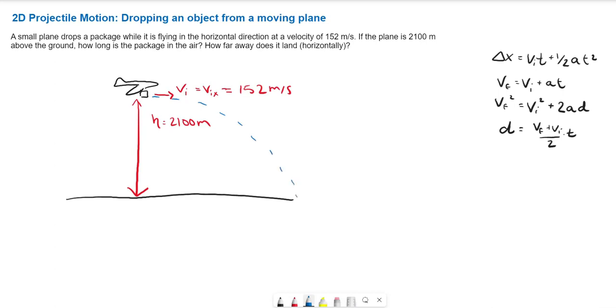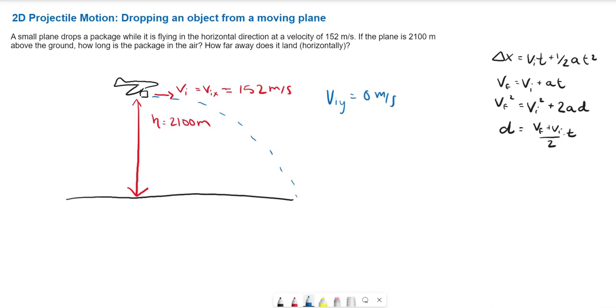Because of gravity, it gains a vertical velocity as well because there's the acceleration due to gravity. So it begins to fall, obviously. When you drop something out of a plane, it's going to fall down. But initially, our y component of velocity is 0 meters per second.